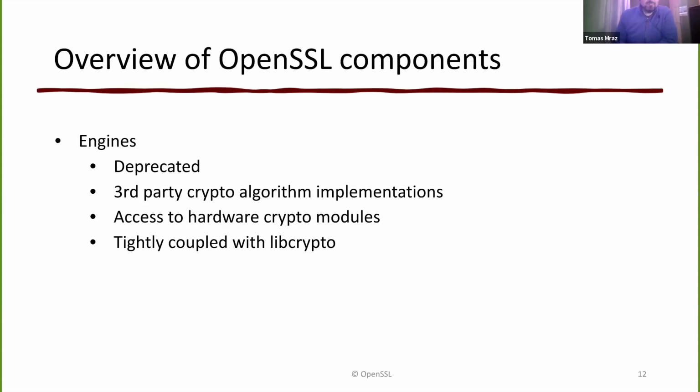Their main disadvantage over the new providers concept is that they are tightly coupled with libcrypto, which means that you cannot use the same engine binary across different versions of OpenSSL. You have to always build it against the version of OpenSSL that you are going to use it with.